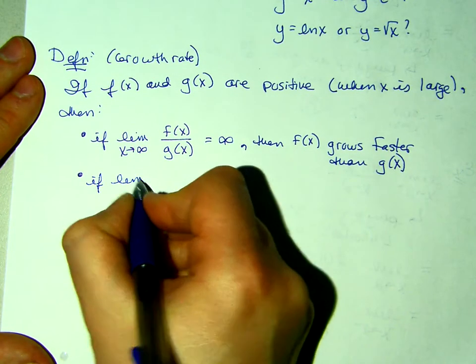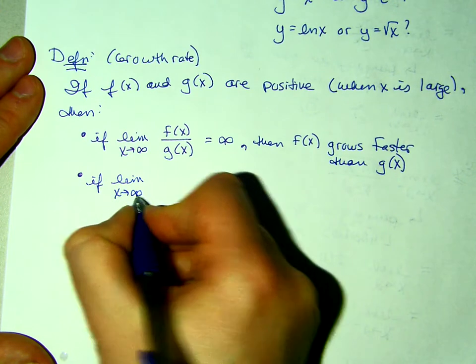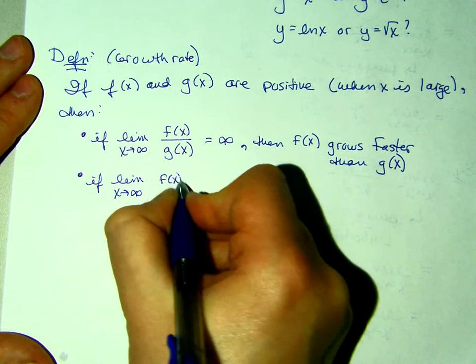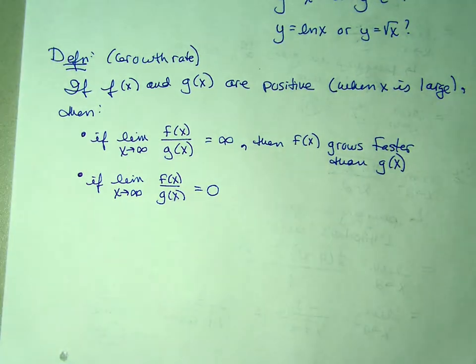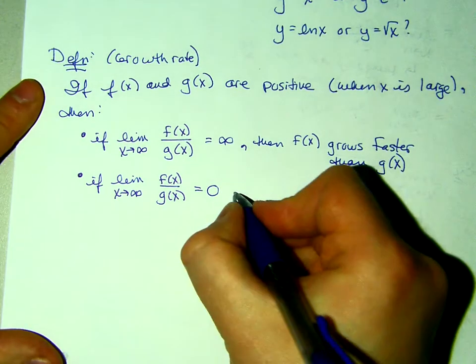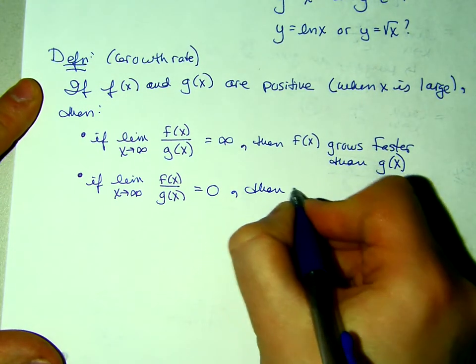Second case, if the limit as x approaches infinity of f of x over g of x equals 0. That means you've got some number up top and something huge on the bottom. That means the bottom is growing faster. G of x is growing faster than f of x.